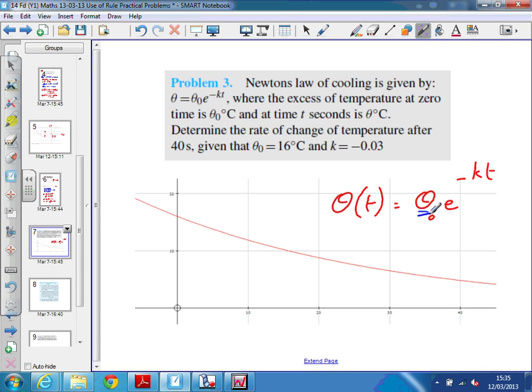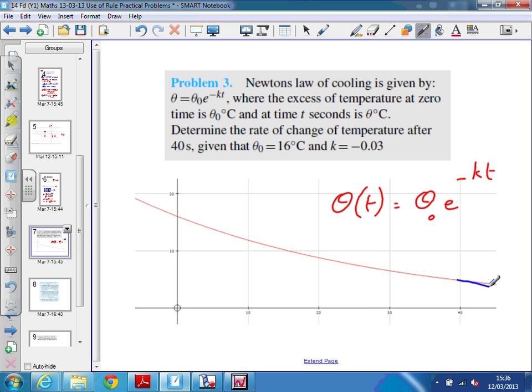What we're after in this question rather, is we want to determine the rate of change of temperature after 40 seconds. So at 40 seconds, which is here, we want to know the rate of change of temperature. What is it about that curve that tells us the rate of change? The gradient.